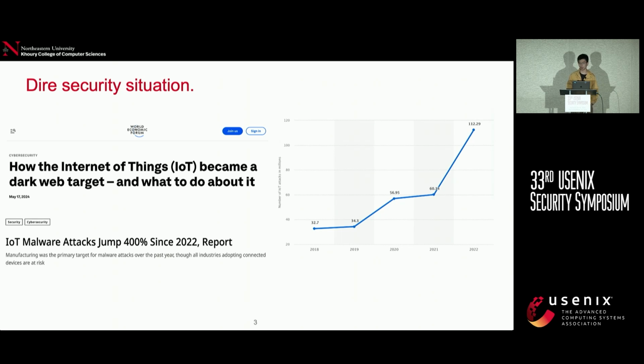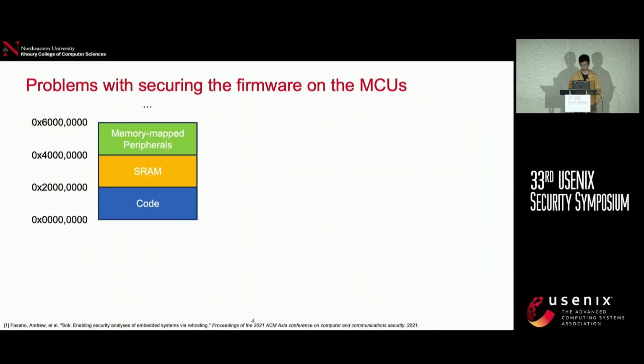Probably you will have a pretty good understanding when you look at the address space or memory layout of the MCU. Take ARM Cortex-M, for example. You have designated spaces for code, which is usually flash, and you have SRAM, which is dynamic memory, and you have peripherals here.